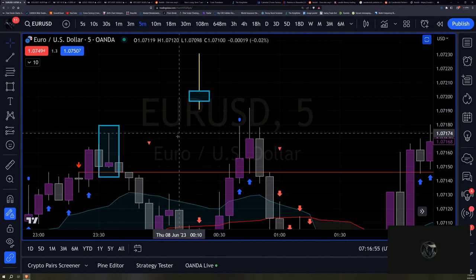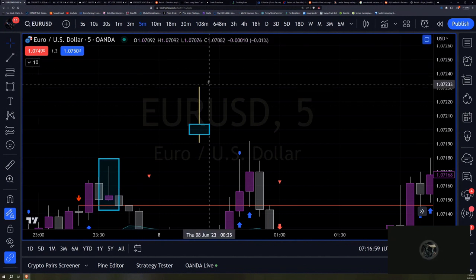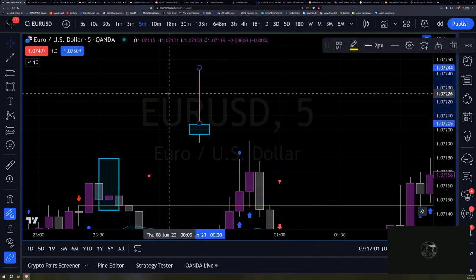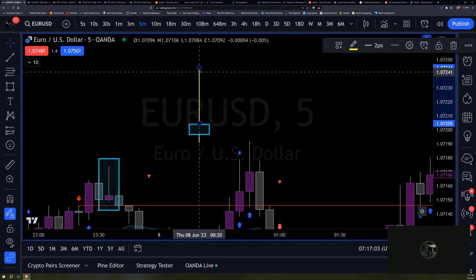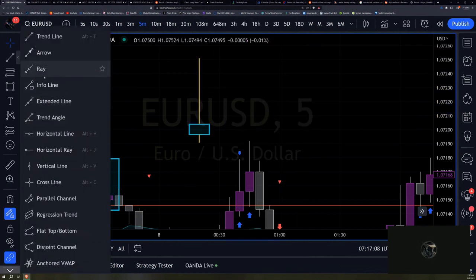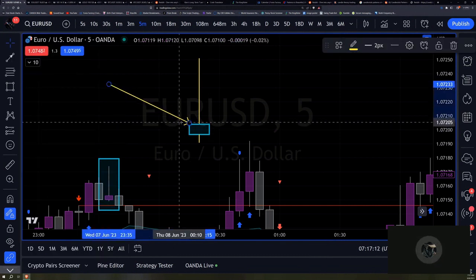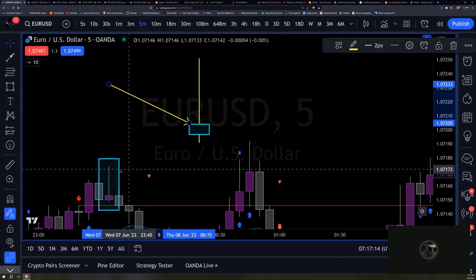Price entered the candle like this. Actually, it needs to be more dramatic, like that. That looks a little closer to reality. Okay, so price entered here, right? Because we know this to be a bearish candle.